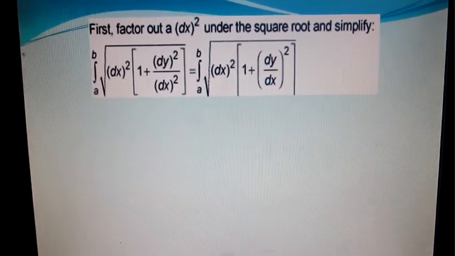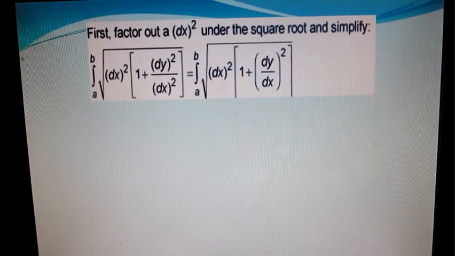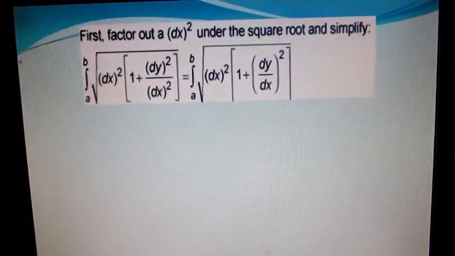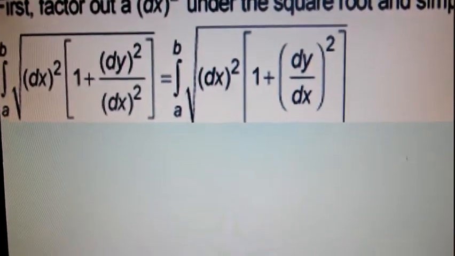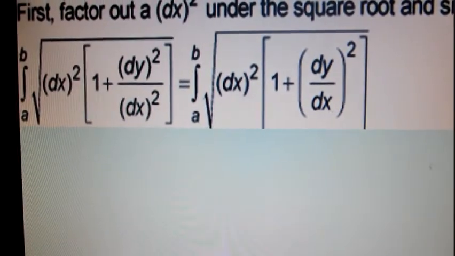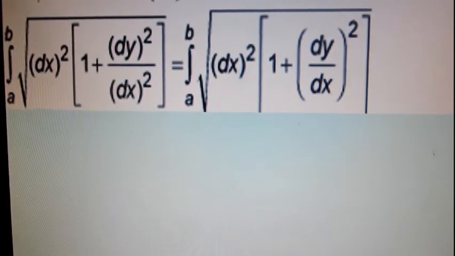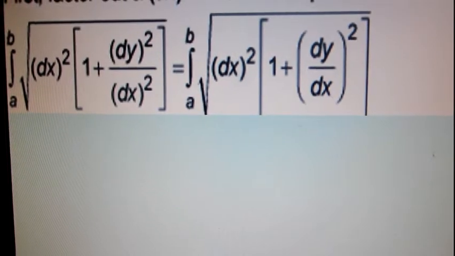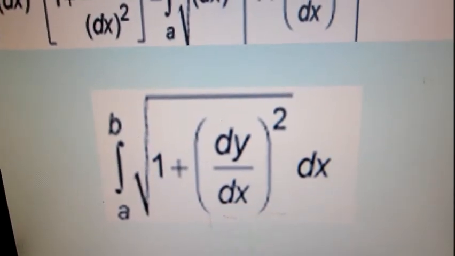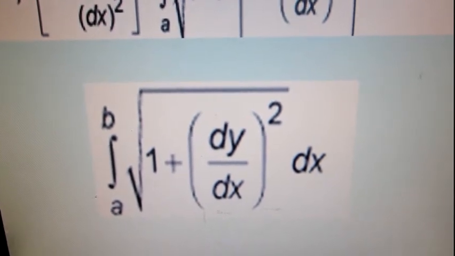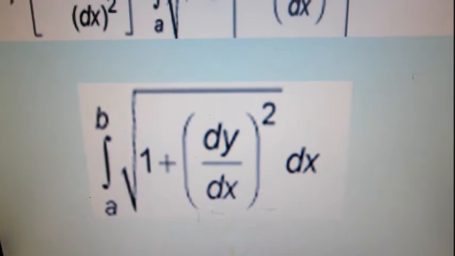First, factor out quantity dx squared under the square root and simplify. Now, you can take the square root of dx squared, that's dx of course, and bring it outside the radical.